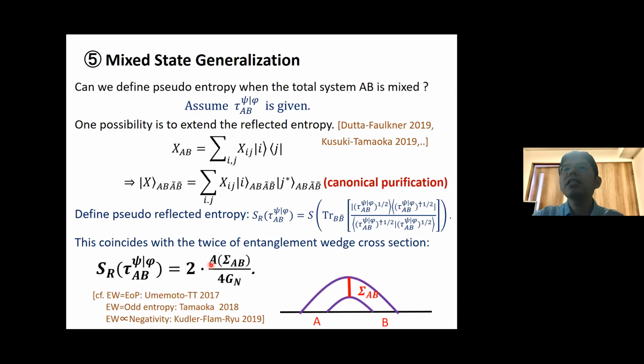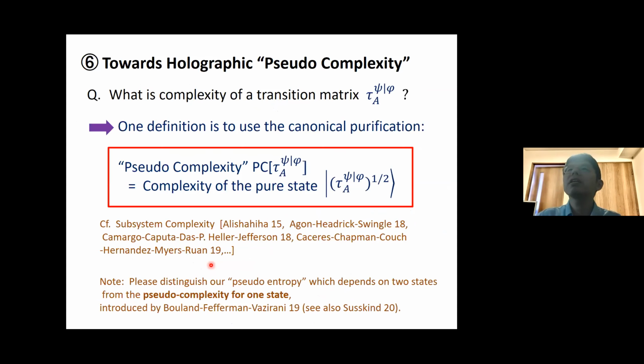Using this technique, we can also try to understand pseudo complexity. I just put the name pseudo complexity, but this may be a little confusing, because, as in Lenny's talk, pseudo entropy was introduced by Bousso, Freedman, and Engelhardt as a kind of coarse-grained version of complexity to explain some puzzle.